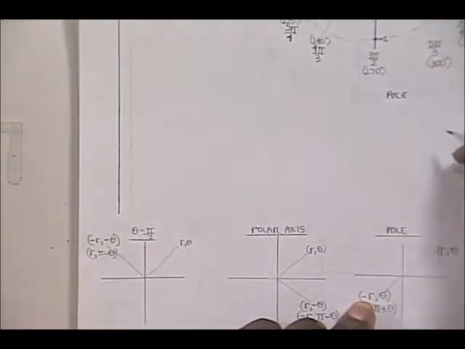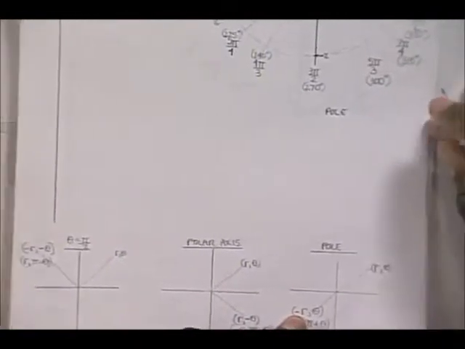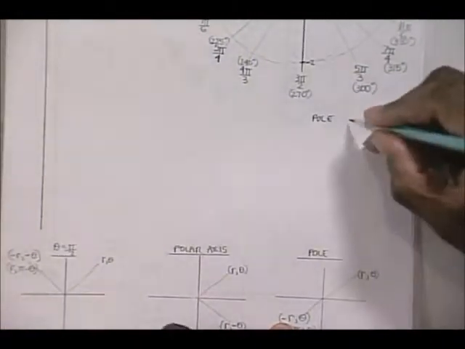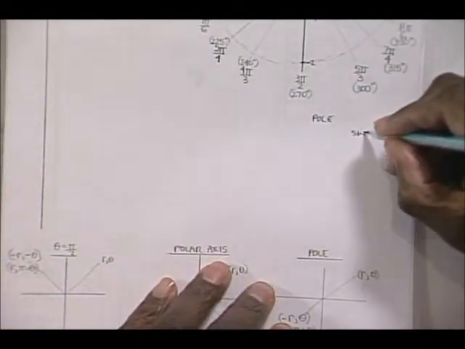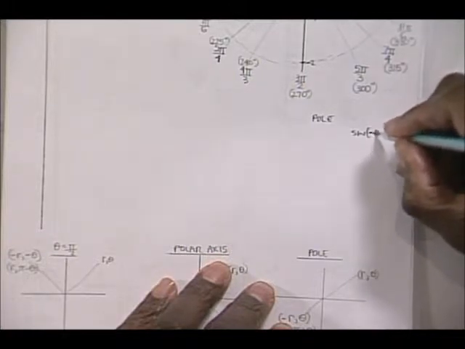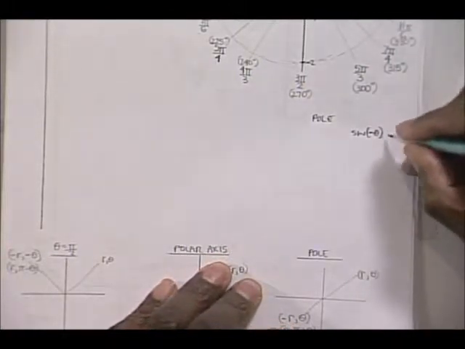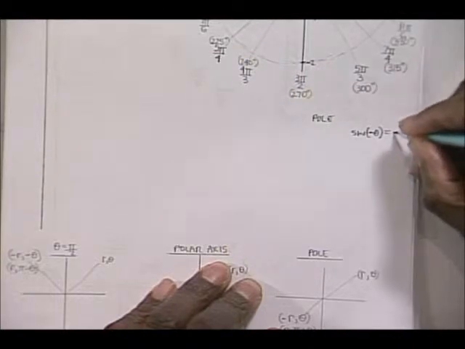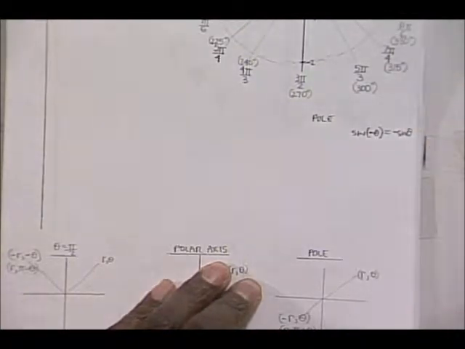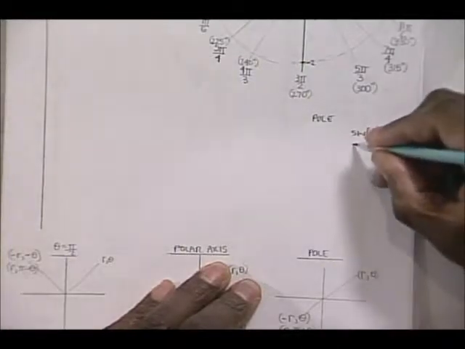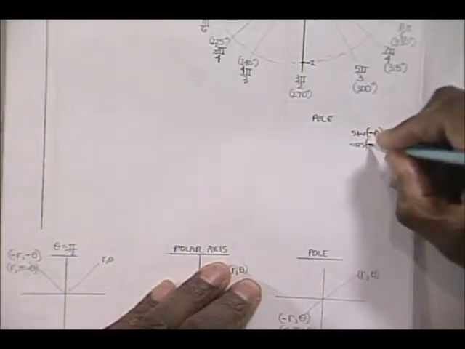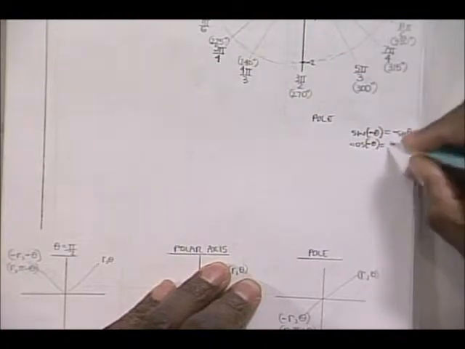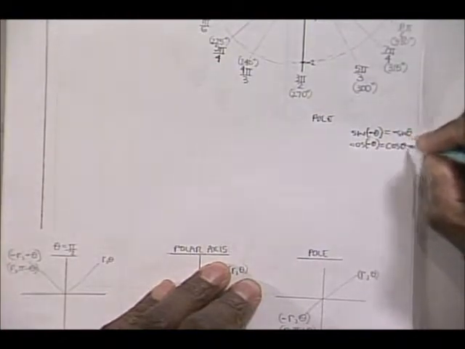One of the things that I'm doing is I am aware of the identity that sine of negative theta is equal to negative sine theta. I'm also aware that cosine of negative theta is equal to the cosine of theta.